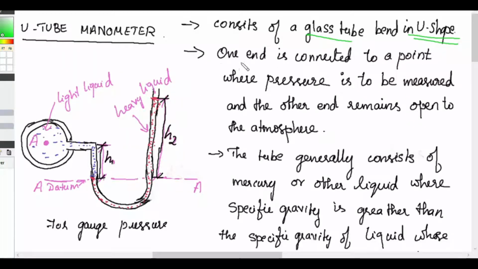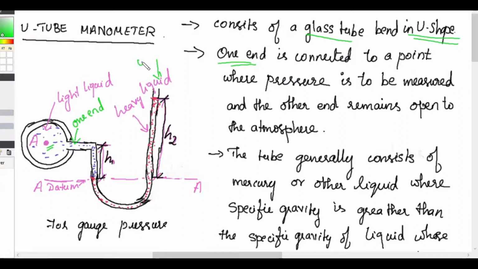Here also one end is connected to the point where the pressure is to be measured. So this end is connected to point A where pressure is to be measured, and the other end remains open to the atmosphere.